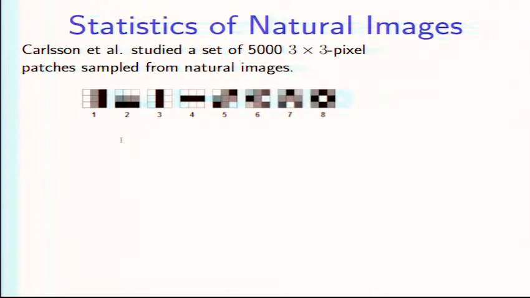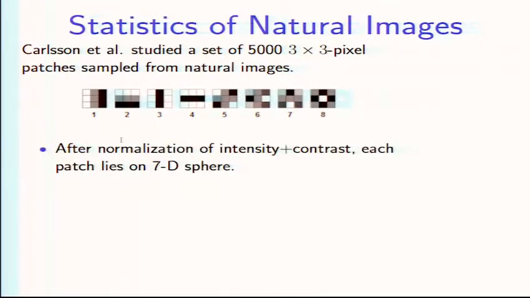And so, well, let me say that because in each patch there's 9 pixels, each patch can be thought of as a point in 9-dimensional space. But if we normalize the intensity and the contrast of the pixel, then we can project these points down onto a 7-dimensional sphere. So in this work, the researchers regard each of these points as living in this 7-dimensional sphere, right? That's just the set of all vectors of length 1 in 8-dimensional space.